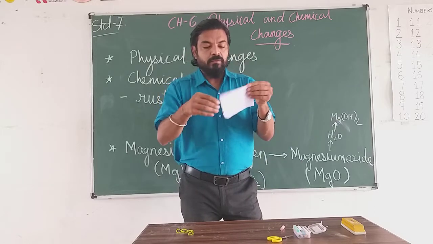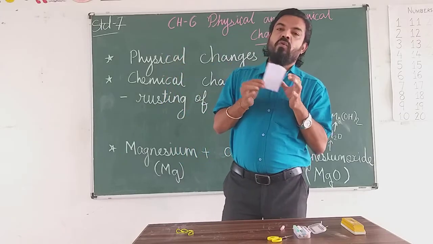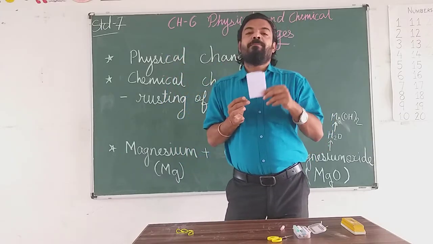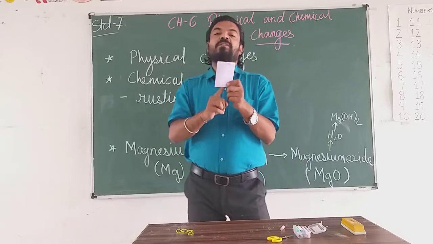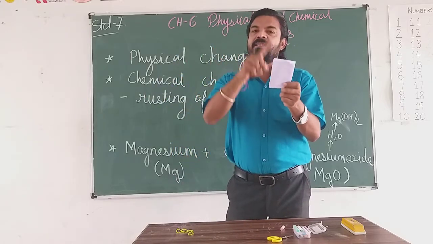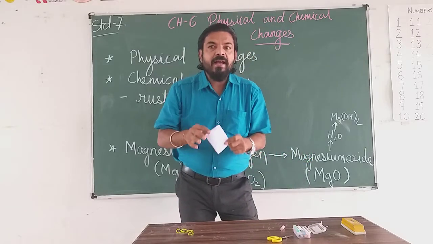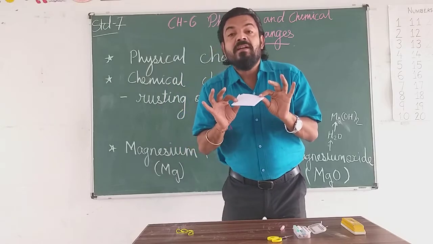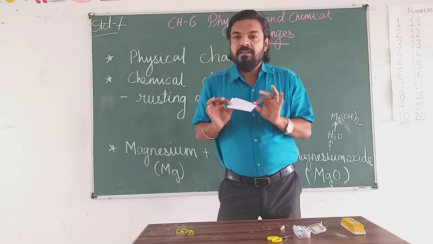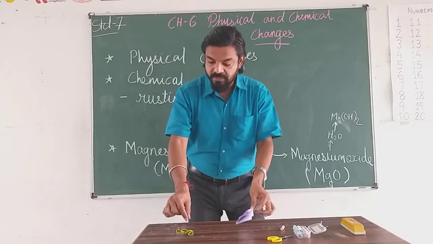This is the change. So what is the change? The physical property, that is the size and shape of this paper, is changed. That is why it is known as physical change. Understand? The size and shape of this property is changed. It is a physical change.